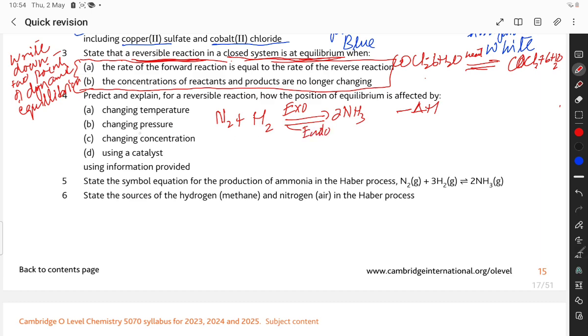So by increasing temperature, the equilibrium will shift backward, as the backward reaction is endothermic.